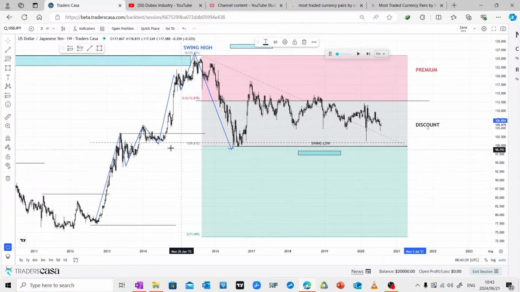So any violation of these lows will be invalid. It will just be better positions to be going long. Anyway, if you buy here, it's a better position to buy long. If you buy here, it's a better position to buy long because you'll be in a deeper discount, right?